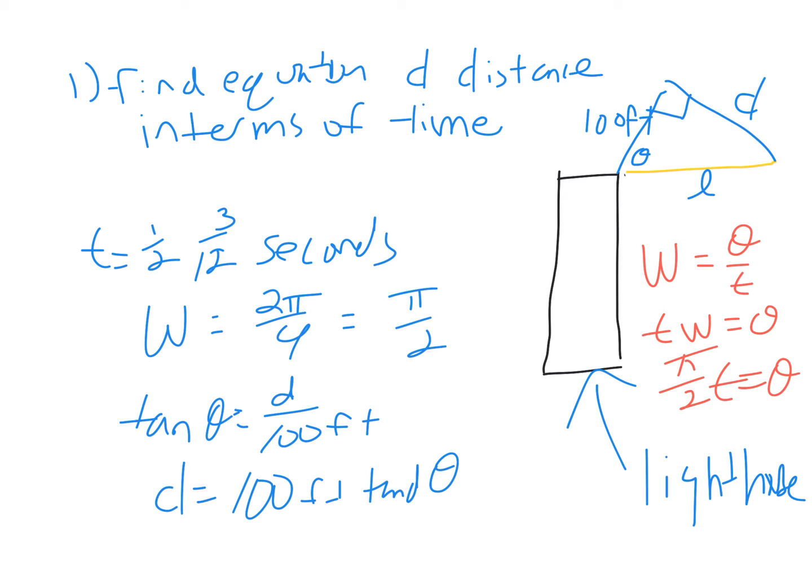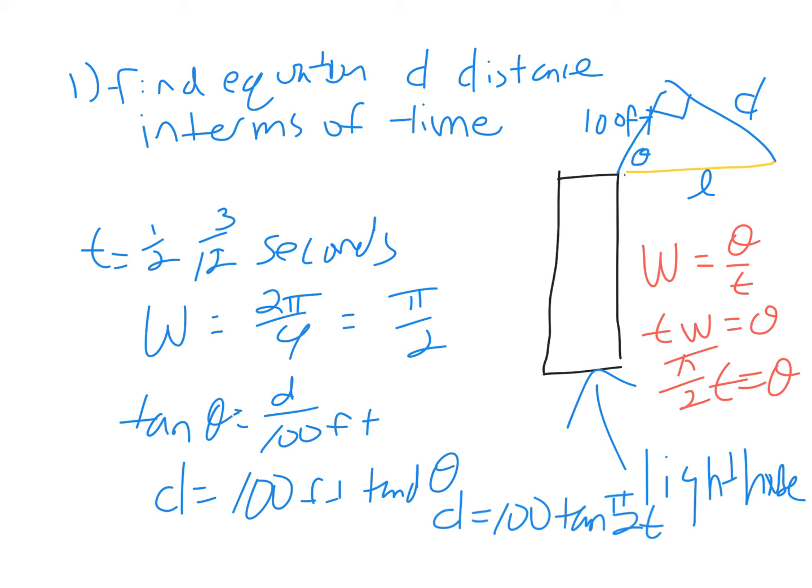So now we can substitute in this pi over 2t for theta, giving us d equal to 100 tan pi over 2t.